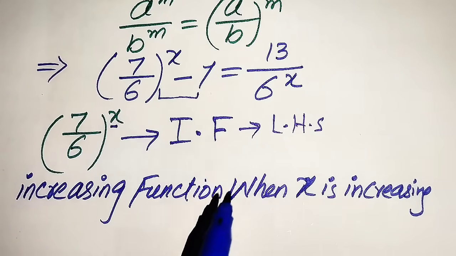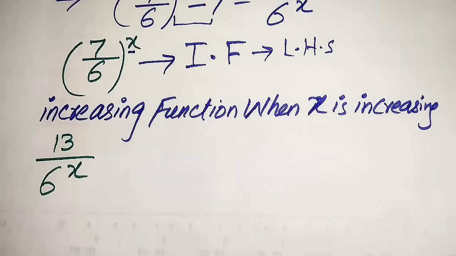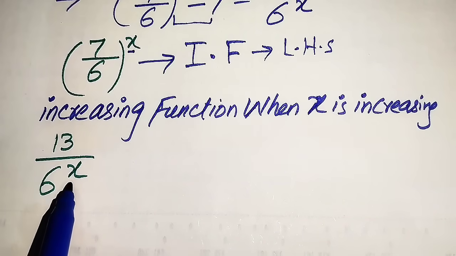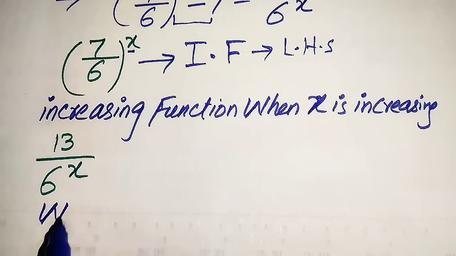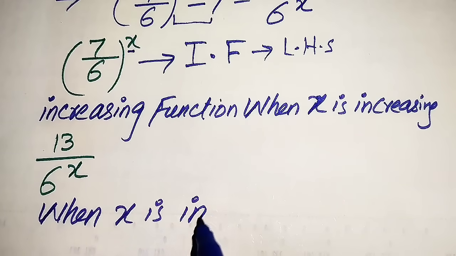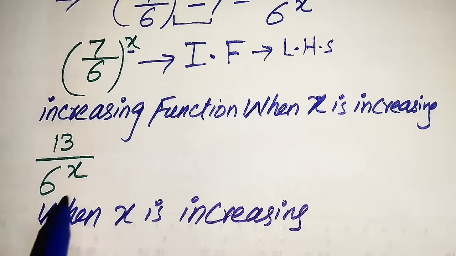And now, in the same pattern, we need a little bit of discussion on the right hand side, and our right hand side is 13 divided by 6 to the power of x. So here again you see that when x is increasing, then this whole function becomes decreasing.